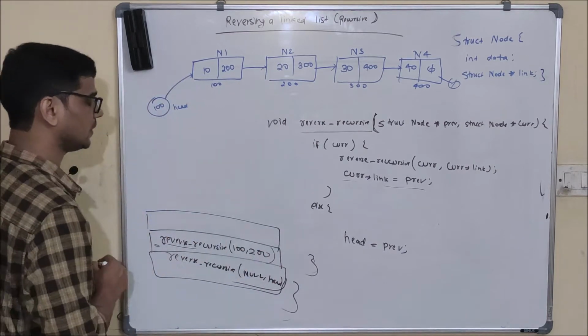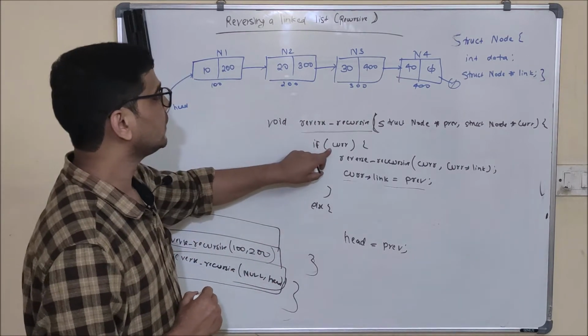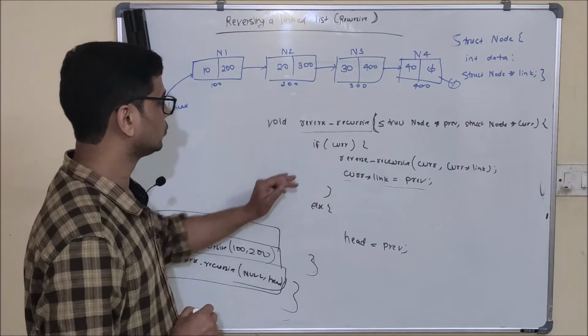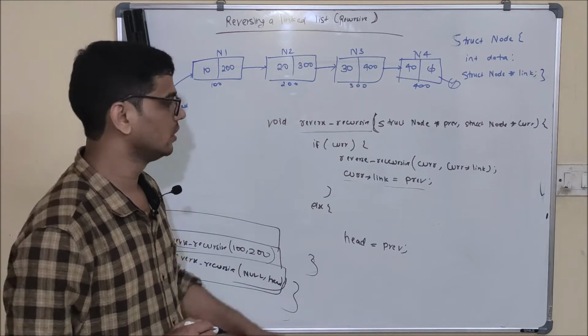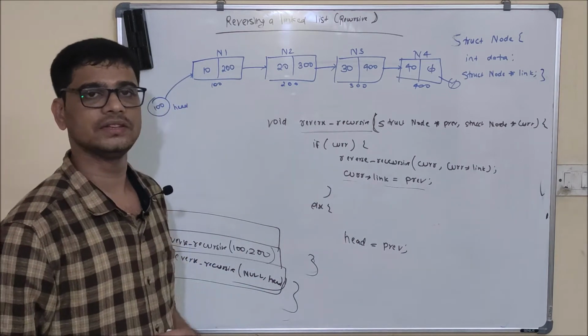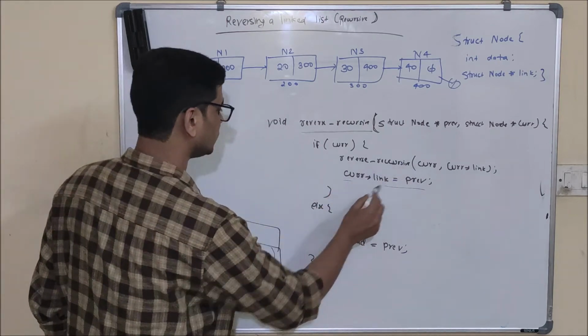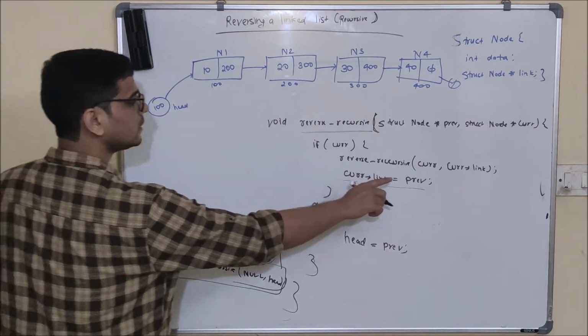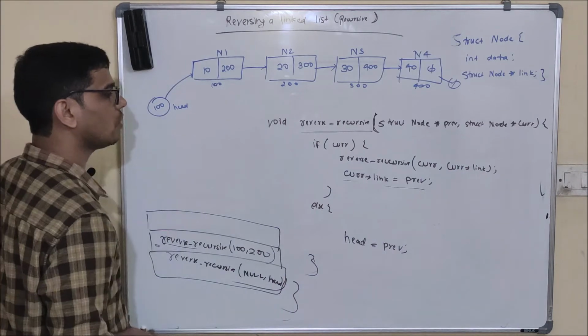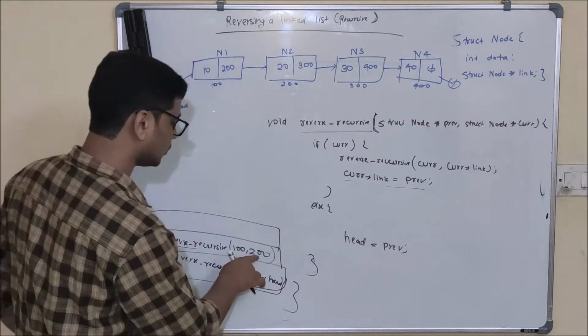When this is called, current is equal to 200. So the if statement will be true, again the control will come to this line, and reverse recursive current, current dot link will be called. What is current now? 200.